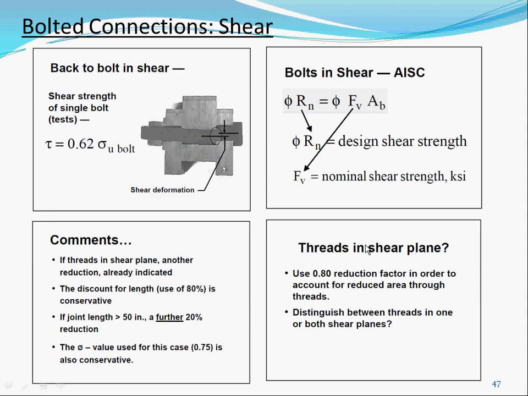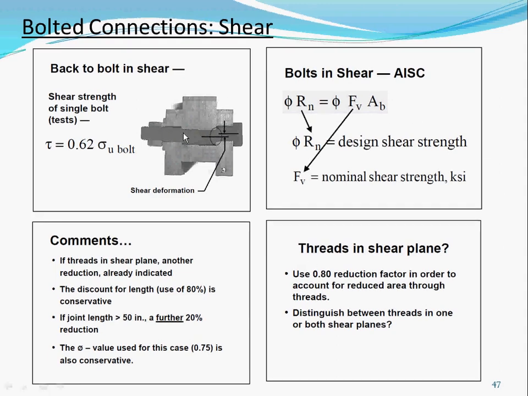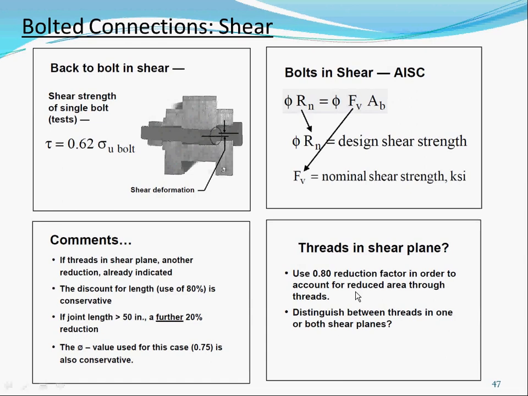Threads in the plane or not. If you have a bolt, you have threads. This is threads not in the plane. Threads in the plane is when the threads go into the shear plane. If this occurs, you have to take another 20% reduction because of the threads. If the threads are outside the plane, then you don't have to reduce, and that's what the X and N are in this bolt table.